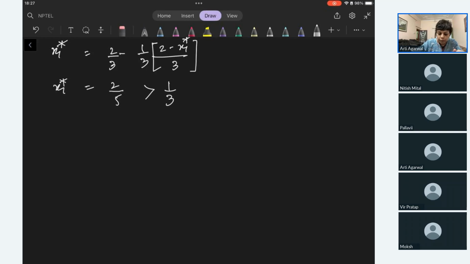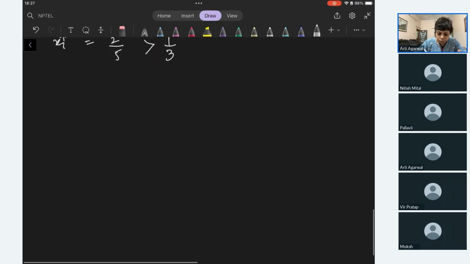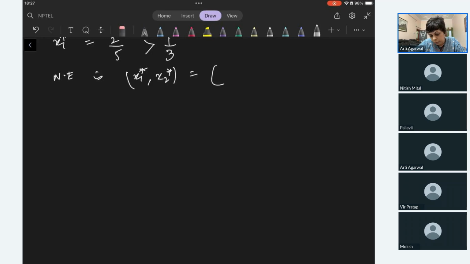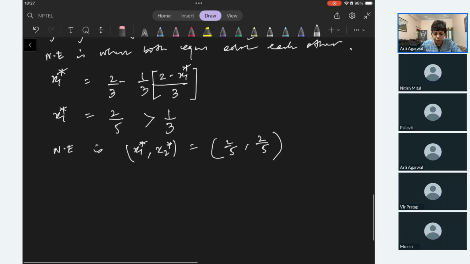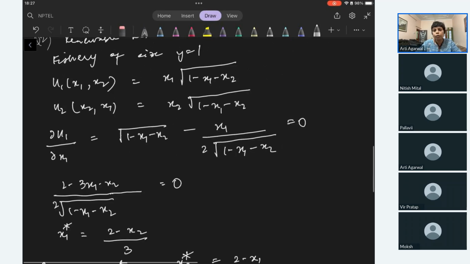And we'll study this, with just one more example so you get the concept. Let's write the Nash equilibrium here: X1 star comma X2 star equals 2 by 5 comma 2 by 5. Again, I'm leaving it to you to check the Pareto optimality. I think that is not very difficult. When you're checking Pareto optimality, you want to see whether the outcome is socially optimal.